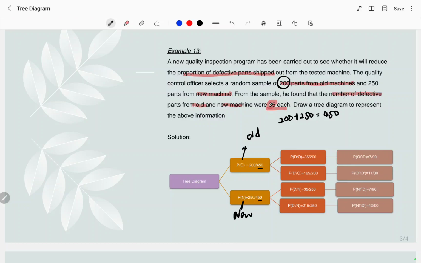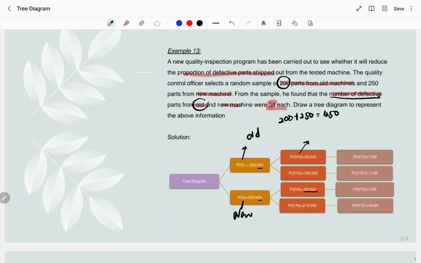The next information given is the number of defective parts from the old machine. Given that it came from the old machine, the number of defective is 35. Why over 200? Because the total from the old machine is 200. If you are talking about defective from the new machine, the probability will be 35 over 250 because the total for the new machine is 250.